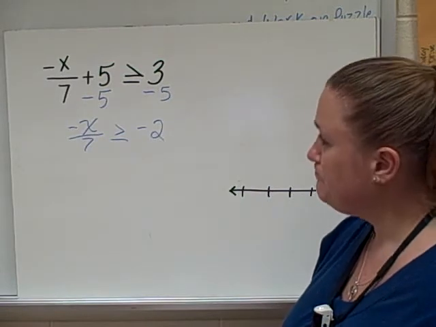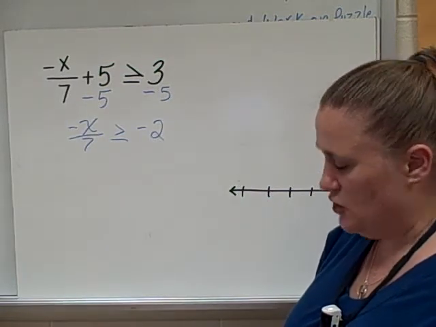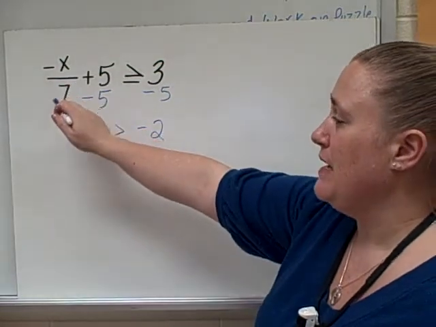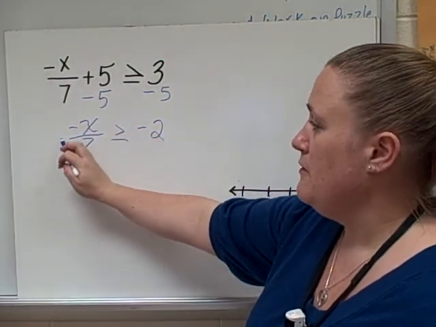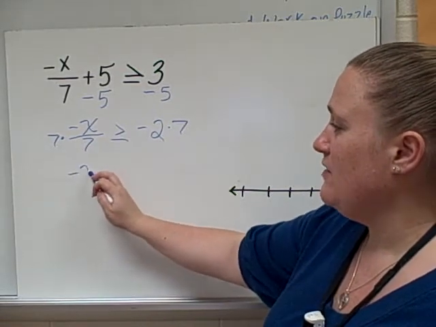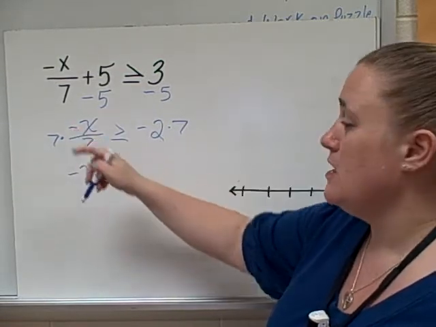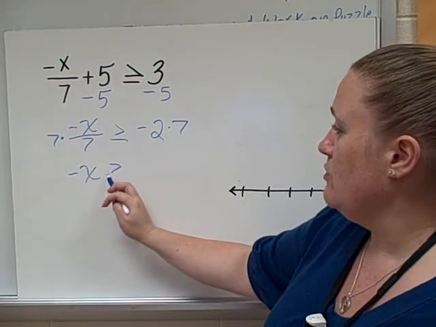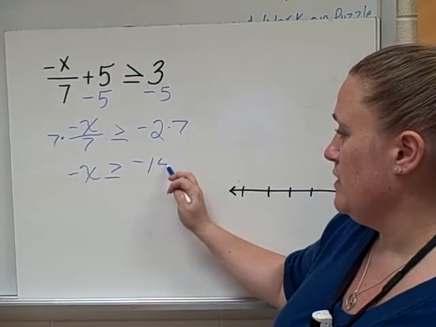All right? Then we need to undo the divide by 7. So we multiply by 7. So we get negative x, don't lose that negative sign, is greater than or equal to negative 14.